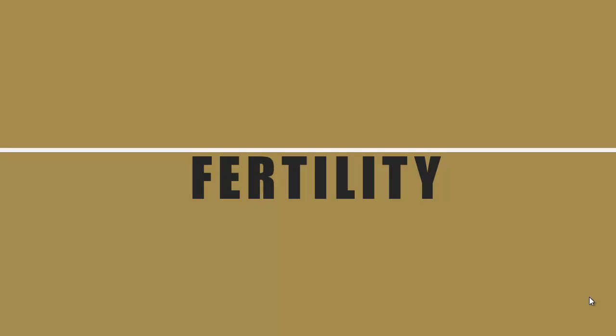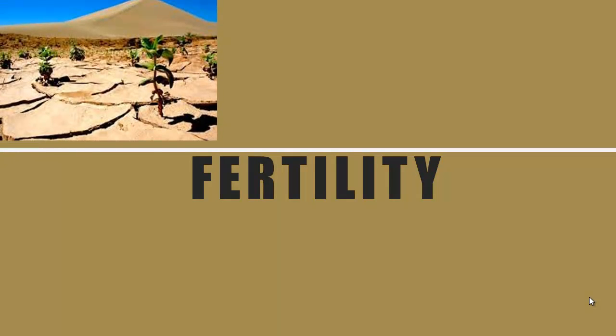Good soil or weak soil, poor soil. What about the sand soil? Its fertility is low. So we can plant cactus, or cactus live and grow in this soil, in sand soil.